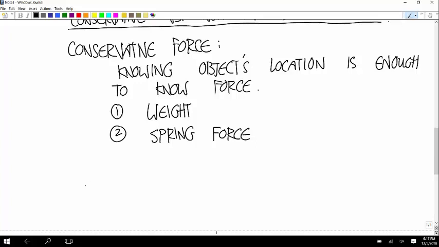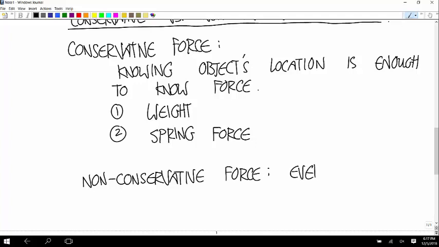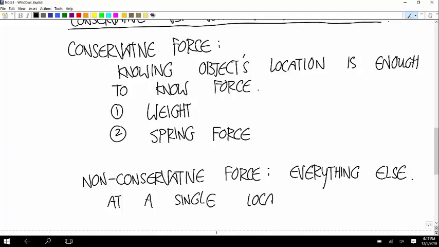Okay, so non-conservative forces is everything else. And the requirement there is that at a single location, the force vector could take multiple values.